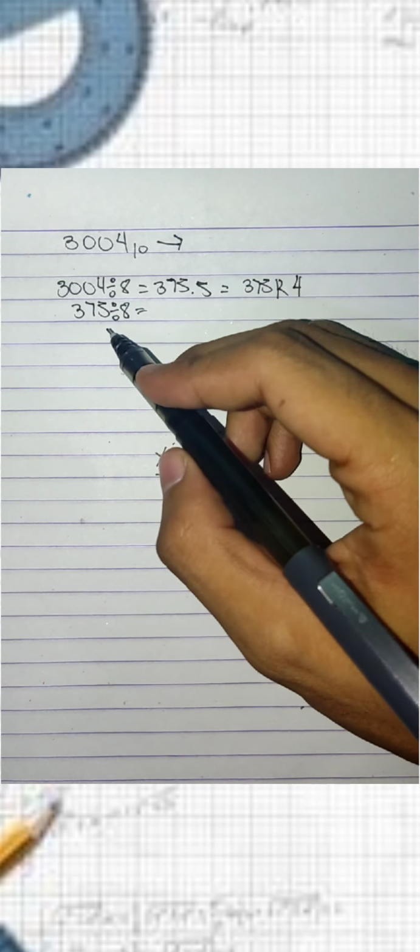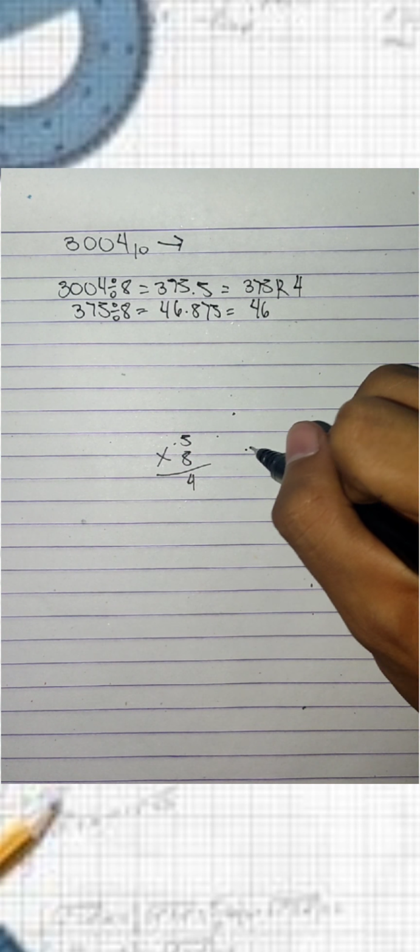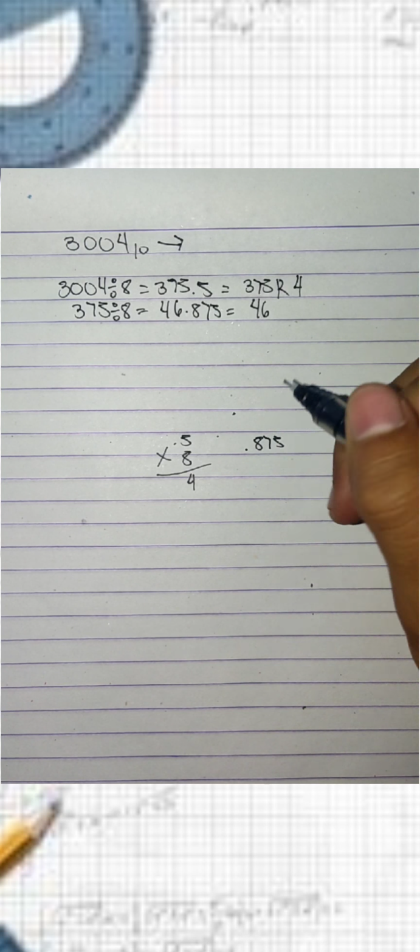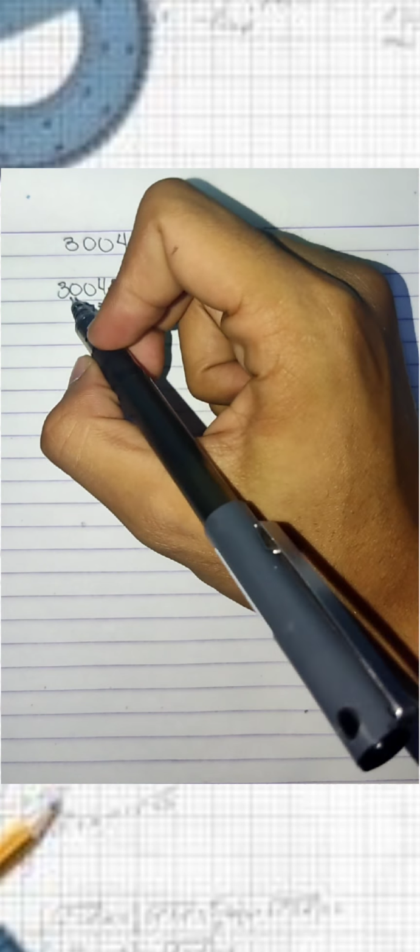Divide natin ulit siya sa 8. 375 divided by 8 is equals to 46.875. Kunin ulit natin whole number. Then, 0.875, ito times natin siya sa 8 is equals to 7. Remainder, 7. Kunin ulit natin.